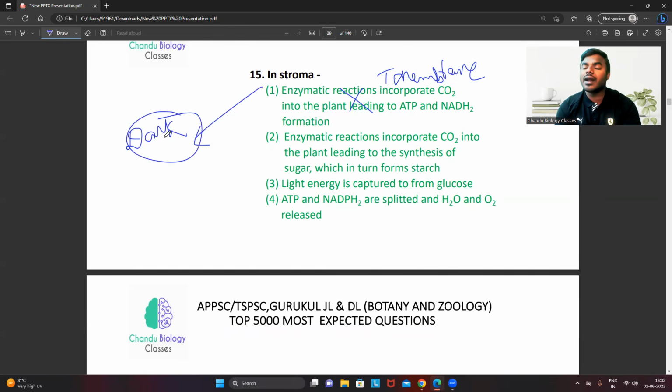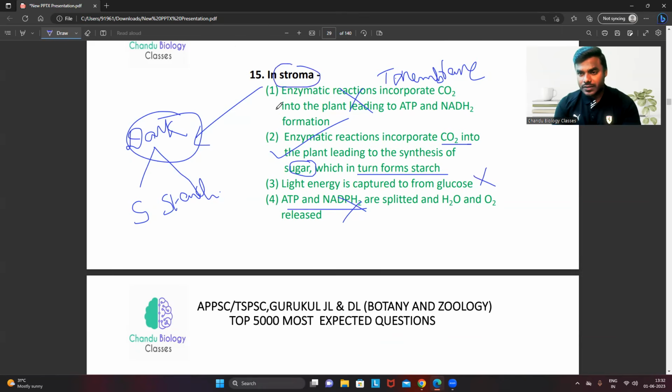Stroma is the region where the dark reactions take place, because all the enzymes are present, where sucrose synthesis and starch synthesis occur. So option 2 says enzymatic reactions incorporate carbon dioxide into the production of sugar, which turns into starch. Obviously a true statement. Option 3, light energy is captured to form glucose. Energy production happens only in the thylakoid membrane. ATP and NADPH, where do they produce? On the thylakoid membrane. They're asking the question only about stroma. In the stroma, only dark reactions occur. Carbon fixation occurs.